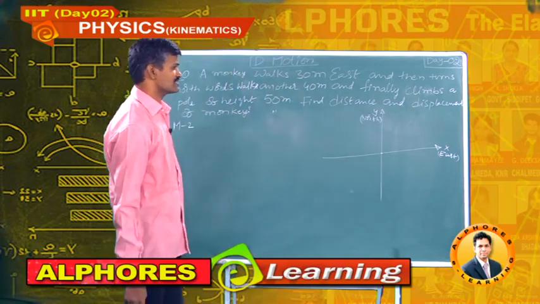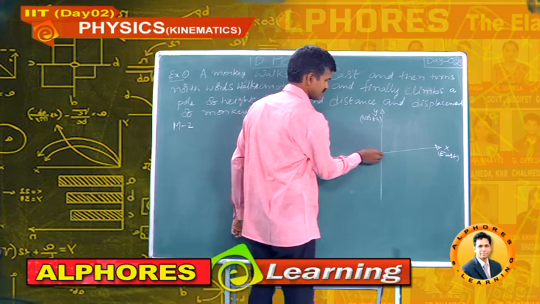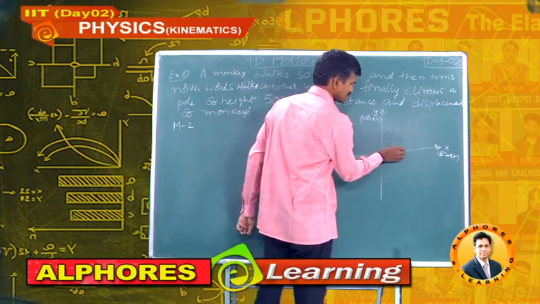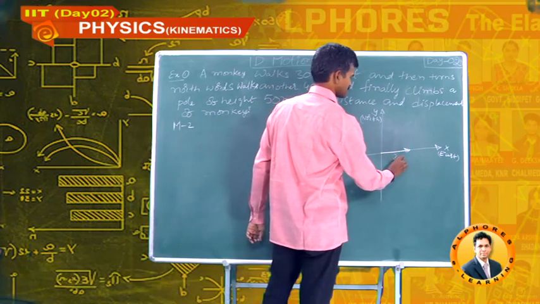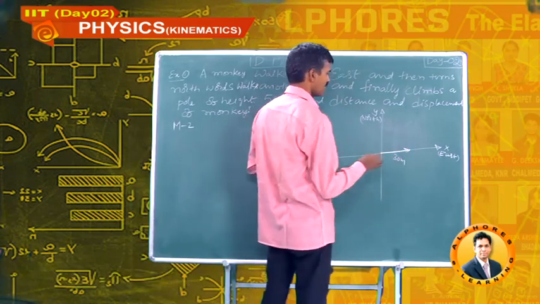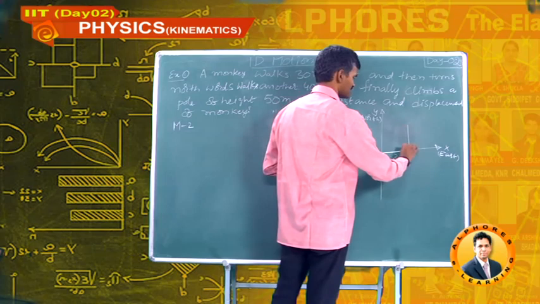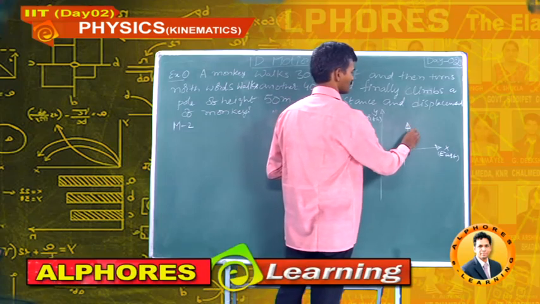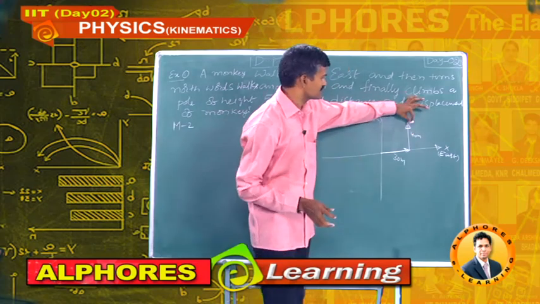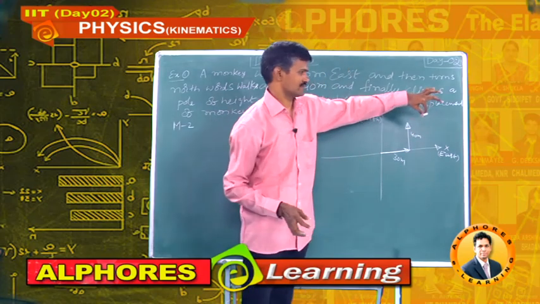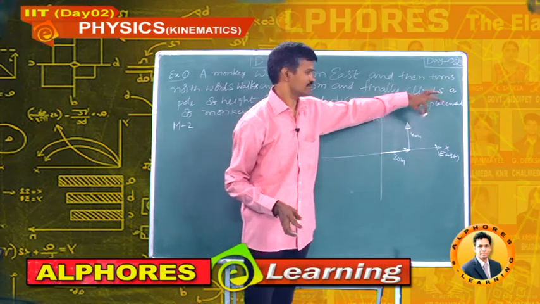So, now this monkey walks 30 meters east and 40 meters towards north and finally 50 meters upwards.